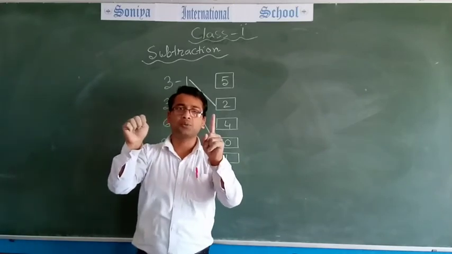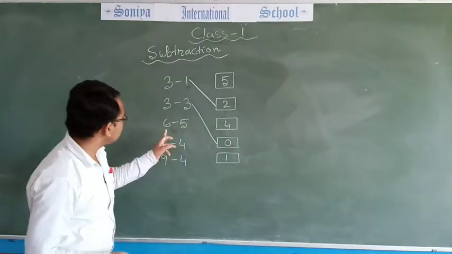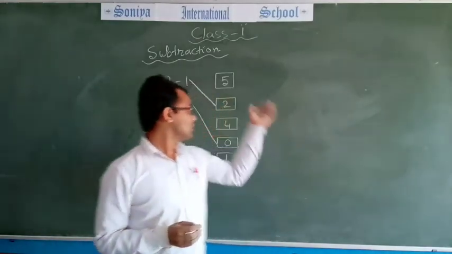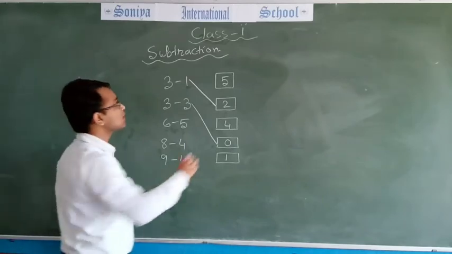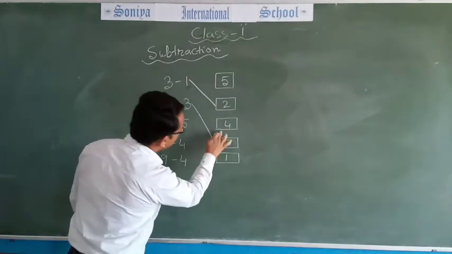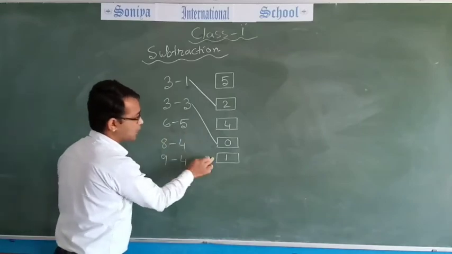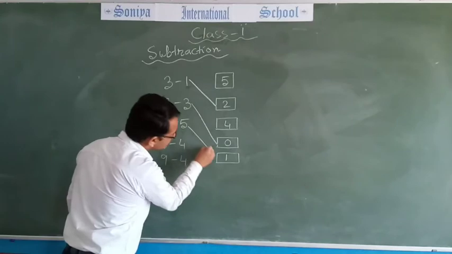How many left with me? 1 finger. Then 6 minus 5 is equal to 1. I found 6 minus 5 is equal to 1. Then match it.